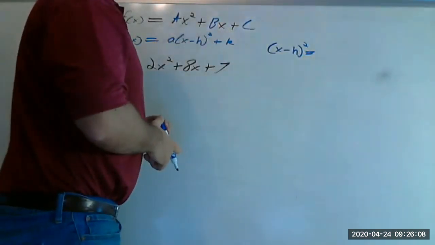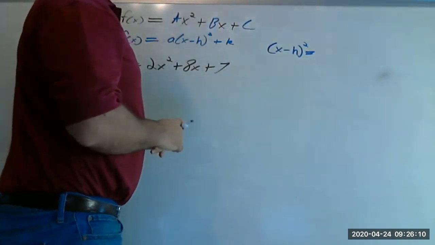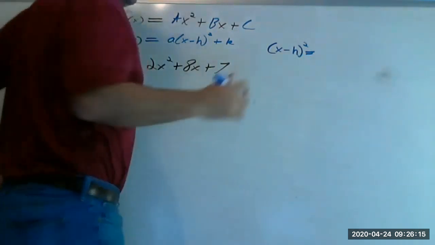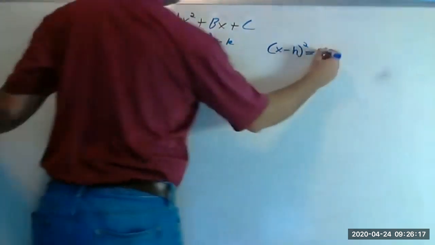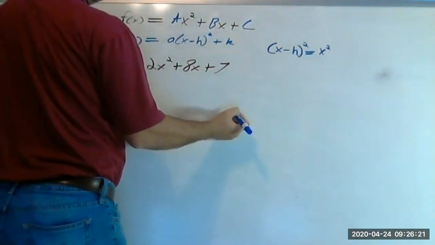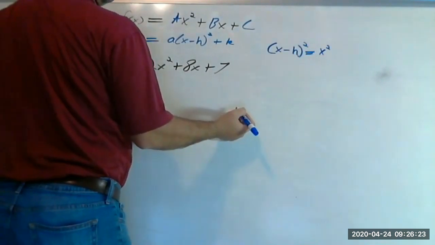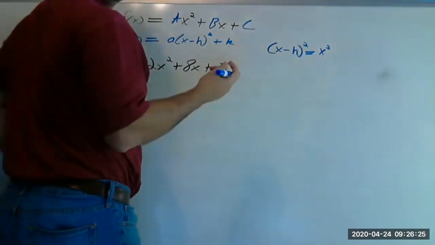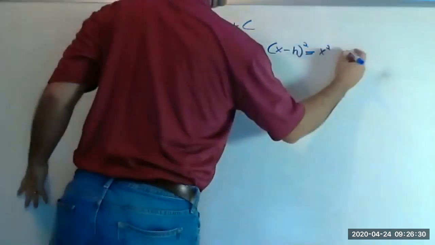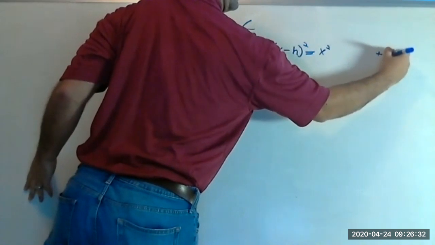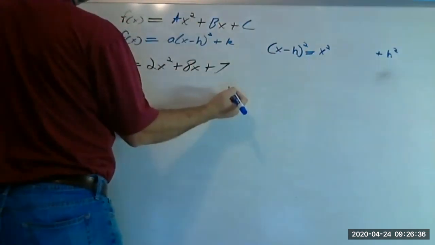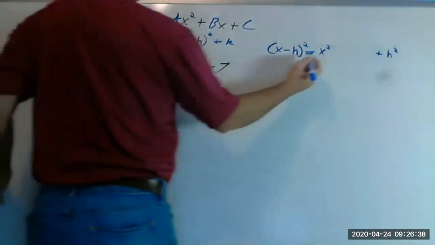What is x minus h squared? x squared plus h squared plus 2x times negative h.